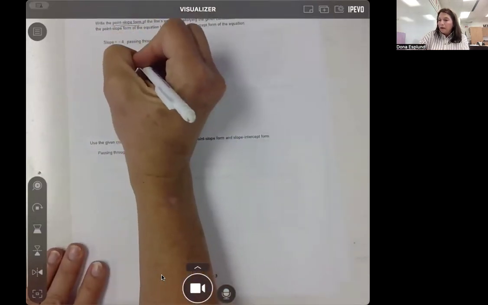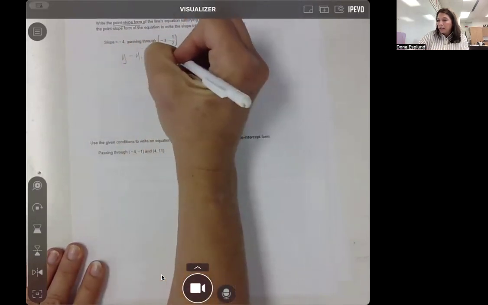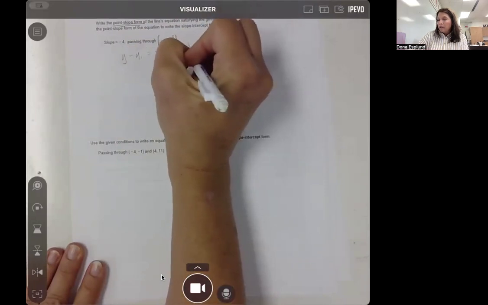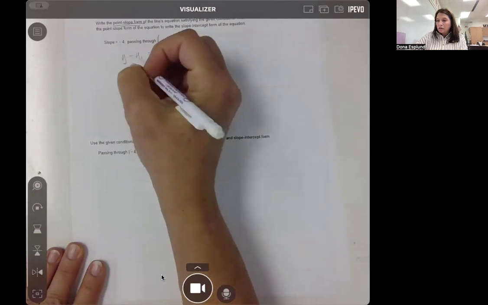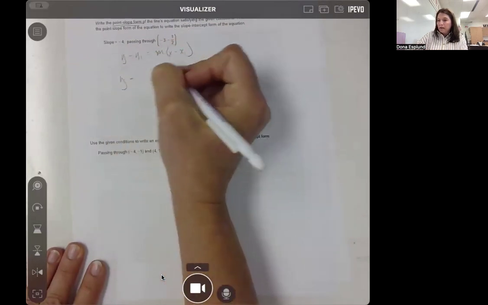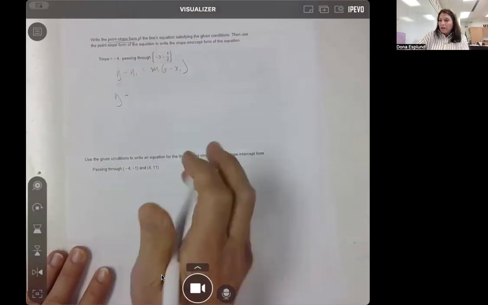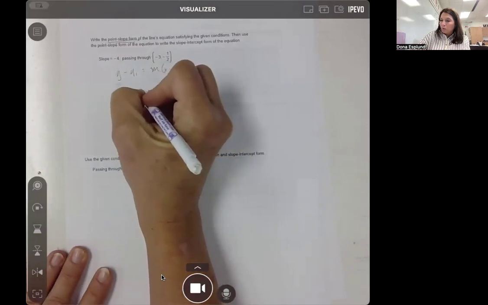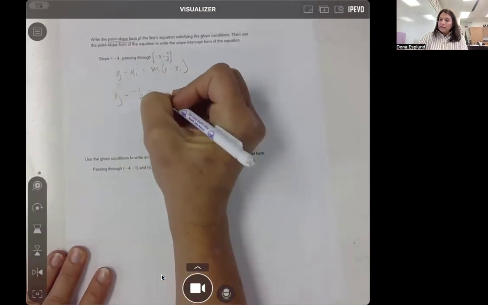Remember, it's going to be y minus y sub 1 is equal to m times x minus x sub 1. What that means is I'm just going to replace my x and y into my equation, but I'm going to keep this y as y. So y minus the y sub 1 is going to change to my y value of my coordinate. And so it's going to be minus 1/2. My slope is what I need to find.